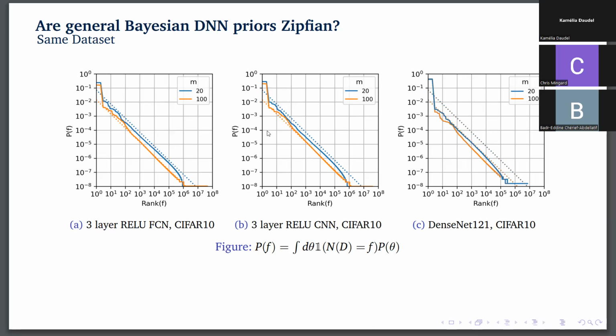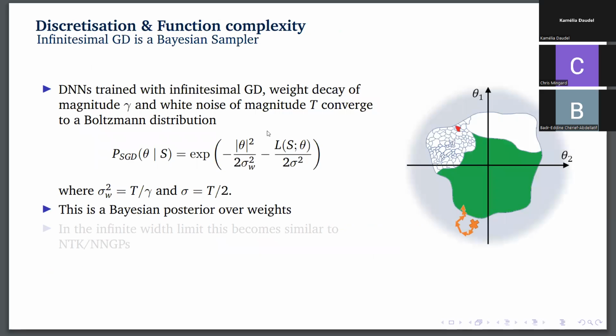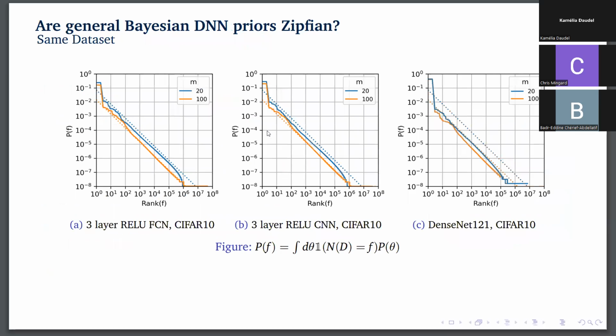So you can further improve on this really strong bias. But yeah, I generally have this picture in mind. That's how I think about them now. And then also with Zipf's law, where you have the same data set and different architectures, they will have their own intrinsic sense of what complexity is.